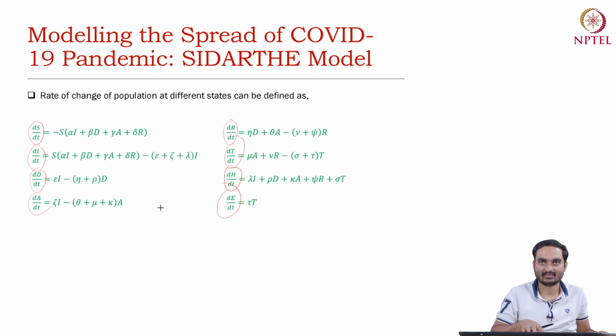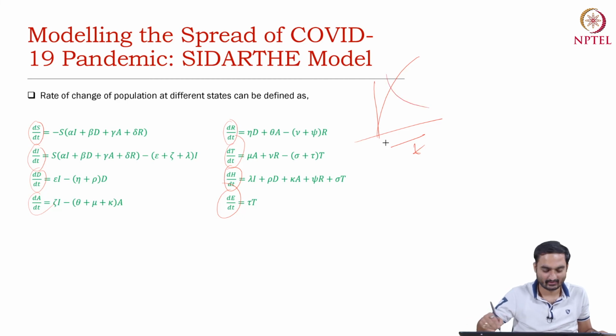So if you solve these differential equations, integrate them over time, you can basically draw curves over T and the change of S, change of I, right, change of D and so on. So what you can do, you can take time 0 to T for tuning your parameters, right, and from T to delta T you can predict, okay, the rate of change of these populations.